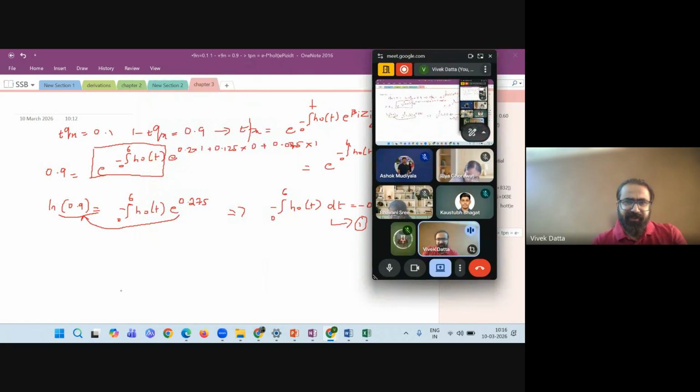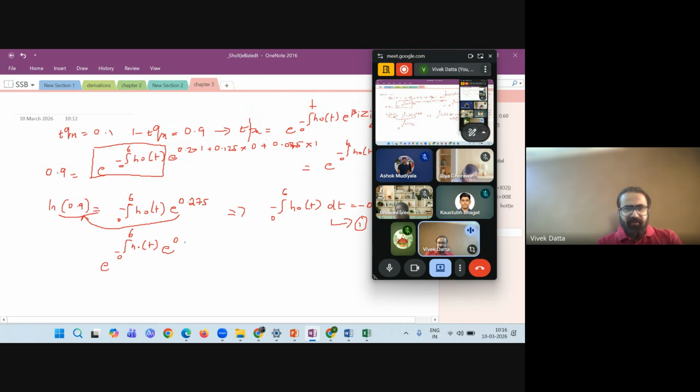Now what have you been asked? You've been asked to find e raised to minus the integral from 0 to 6 of h naught t, and e raised to the term for the new enclosure. So you have e raised to 0 plus 1 into minus 0.21 plus 0.125.